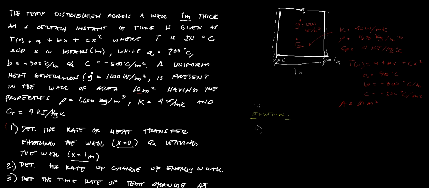Let us first designate names for our Q. Let our rate of heat transfer entering be Q at x is equal to 0, at this position, and let's call our rate of heat transfer leaving Q at x is equal to 1 meter, right?